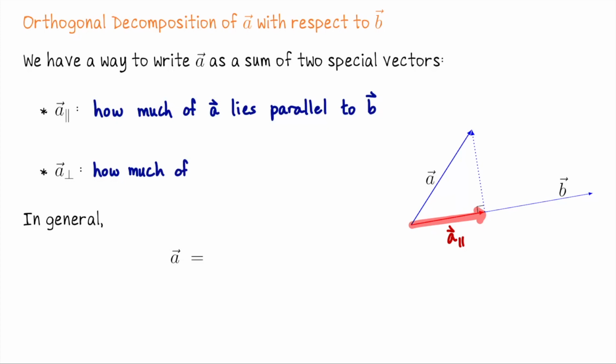A perpendicular is how much of A lies perpendicular to B. So this dotted vector here that's kind of going from B up to A, this is A perpendicular.